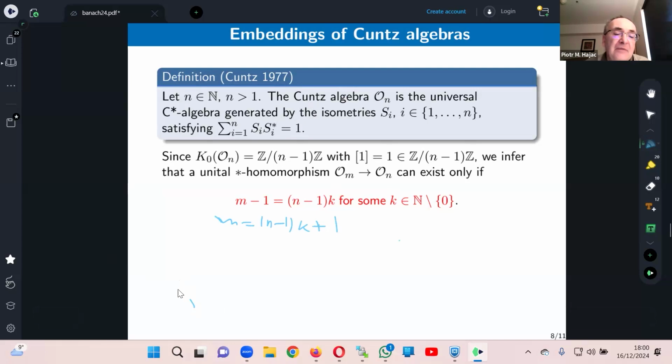So here we have m loops, we have m of them. And here you have n. And of course, you can see from this congruence relation that m is greater or equal than n. That's obvious from the relation.